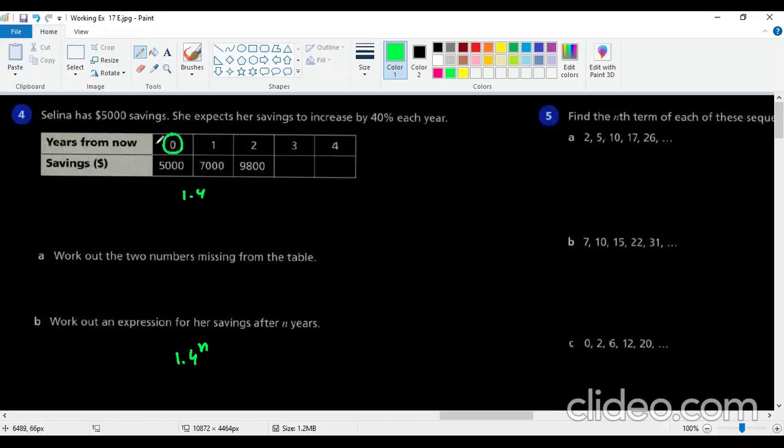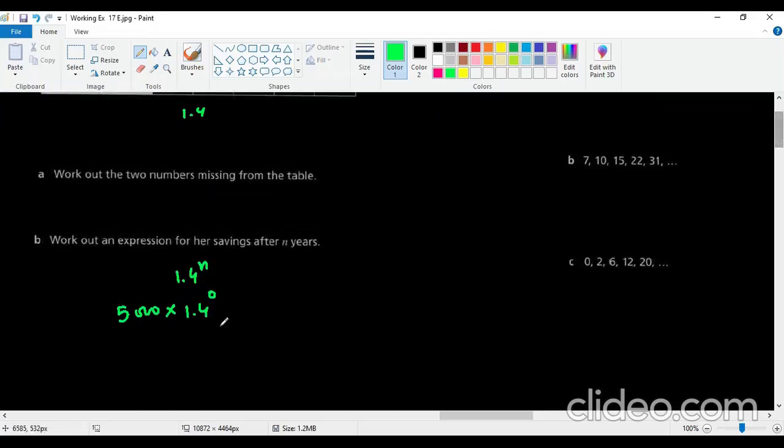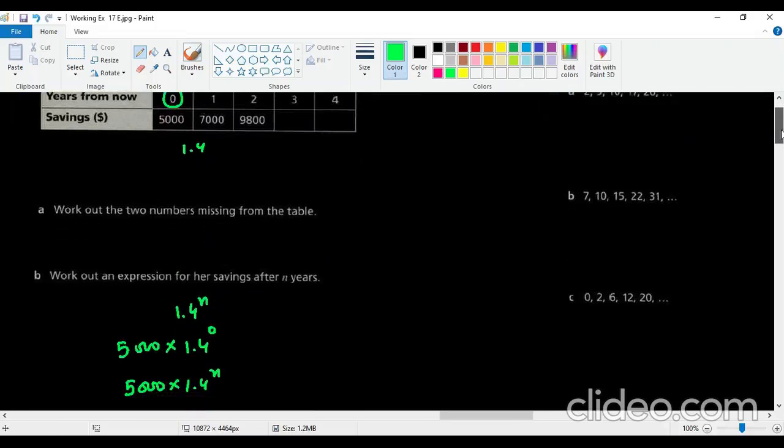This 0 tells you that on the first one the term is 0. So anything to the power 0 is a 1. So when 1 is multiplied by 5,000, it's going to give you 5,000. So the expression for this sequence is going to be 5,000 times 1.4 to the power n. Now using this term rule, we are going to find out the next two terms.